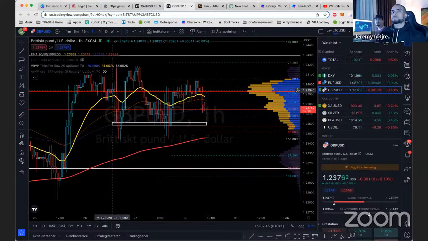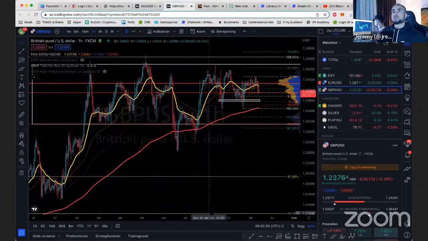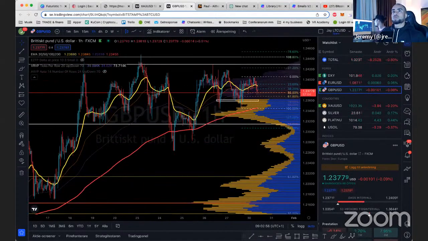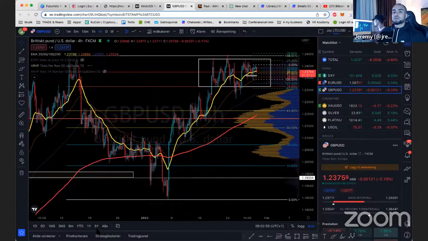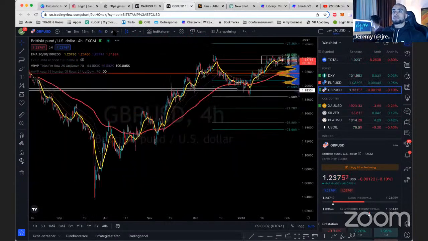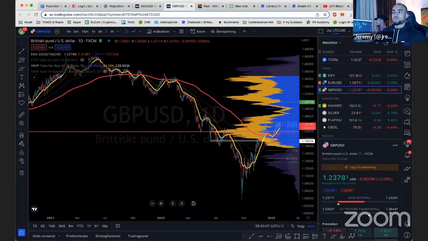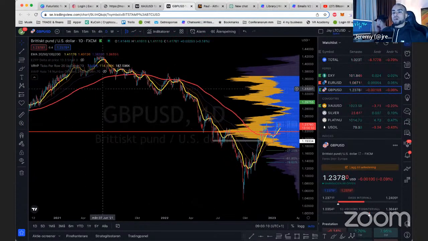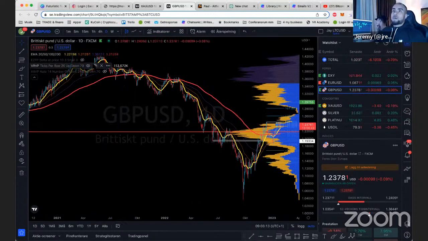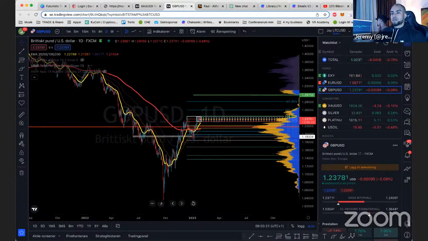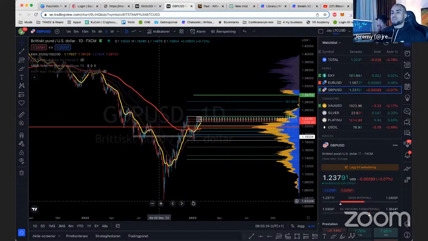But the thing is, if we look at GBP USD, we take a deep look into it. We're on the hourly time frame now. First of all, I want to show you, we might even have to go on a daily time frame. So first of all, we had this whole big drop from the beginning of 2021, where GBP just plunged in price compared to the US dollar, and hit its bottom in October last year.